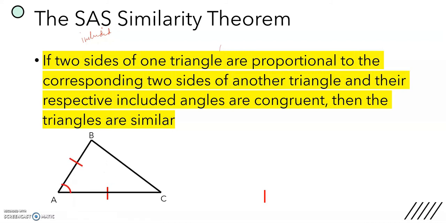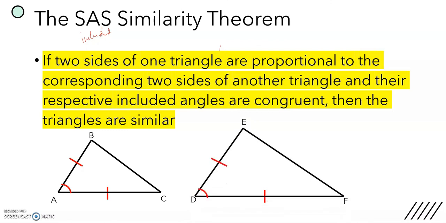Now let's have the first triangle. So we have triangle ABC and triangle DEF. Of course we know that this side AB corresponds to side DE, side AC corresponds to side DF, and this is their included angle, angles A and B. So if you're going to write it by proportion, the given is AB is to DE equals AC is to DF.